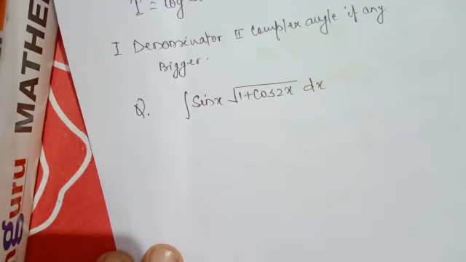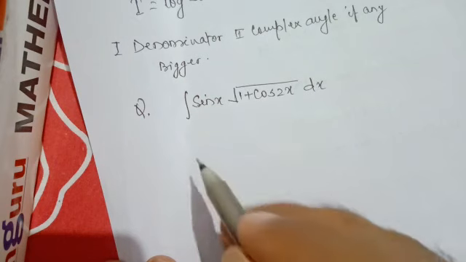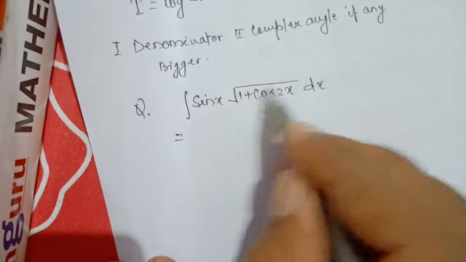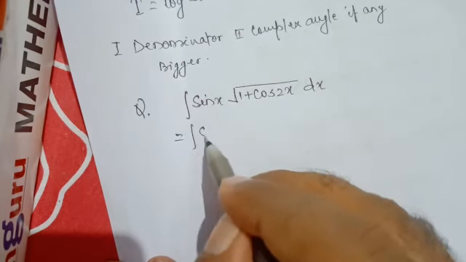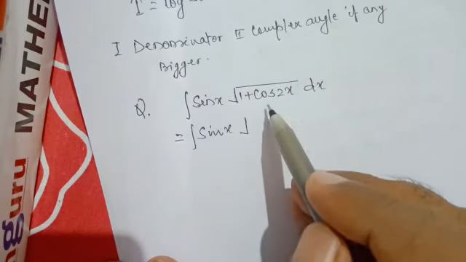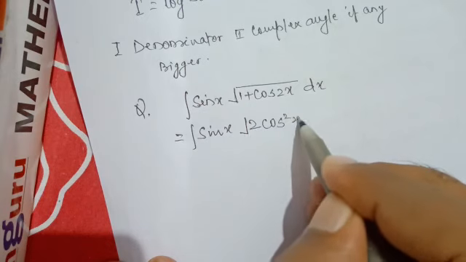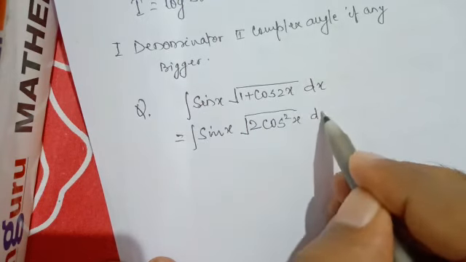Now students, see one more question. Integrate sin x into under root 1 plus cos 2x. So first simplify: under root 1 plus cos 2x means sin x into 1 plus cos 2x would be 2 cos square x dx.